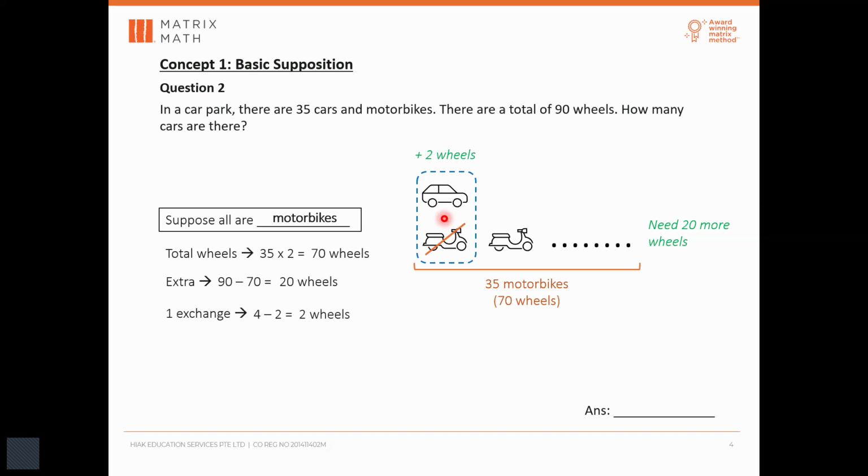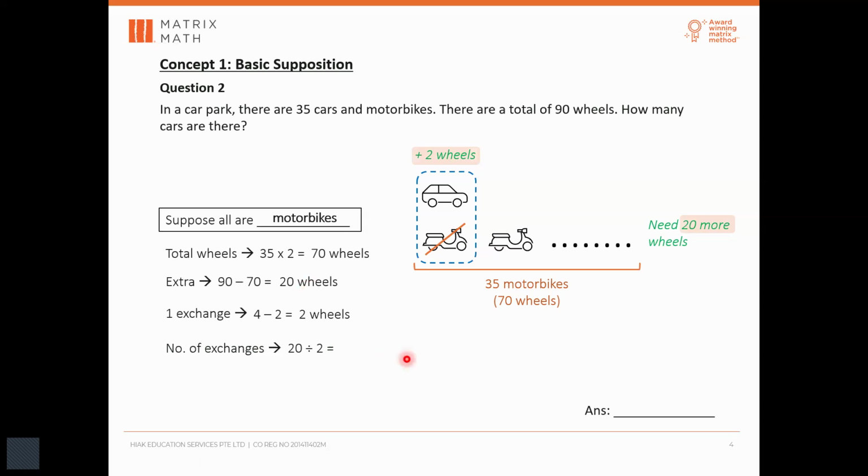But I need 20 more wheels. How many times must I do this exchange? To find the number of exchanges, I will take the extra that I need, which is 20, divide it by what I'm going to get for every exchange.